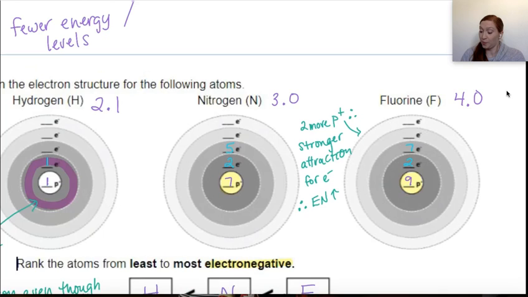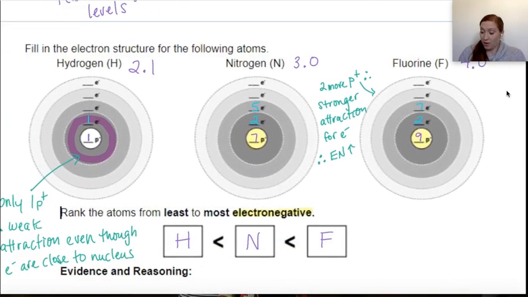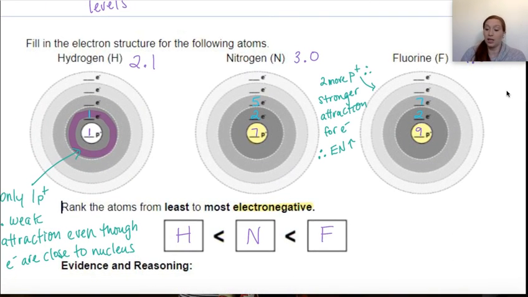Okay, so it's a nice summary and review of our periodic trends. These, again, regardless of what trend you're looking at, radius, ionization energy, electronegativity, the reason behind these trends all have to do with the attractive force for electrons from the nucleus.